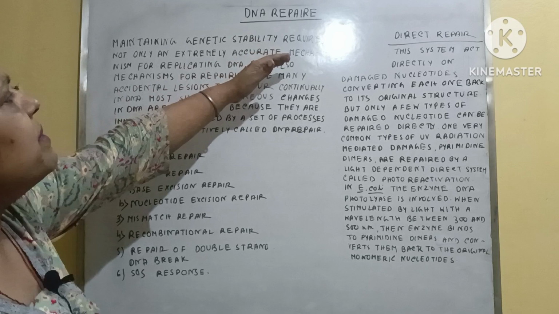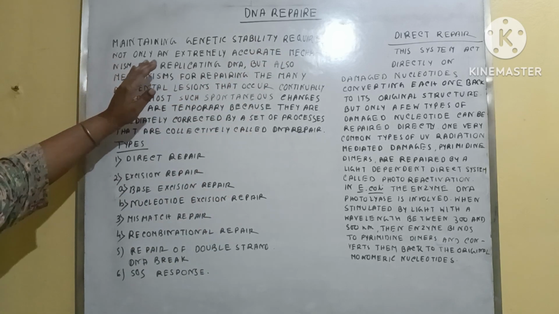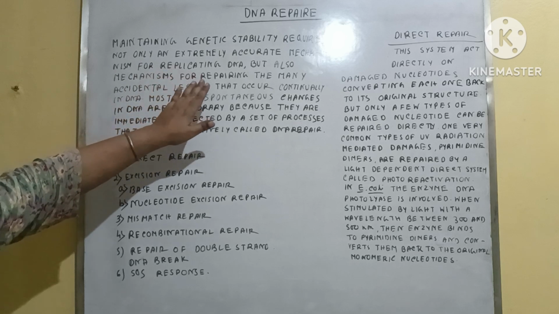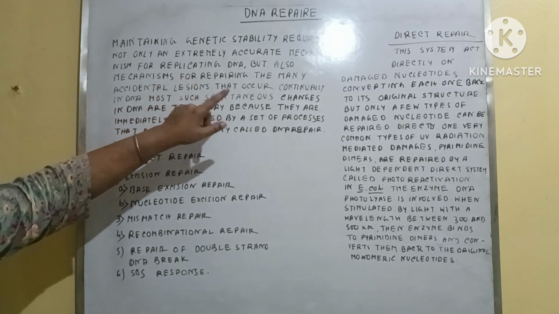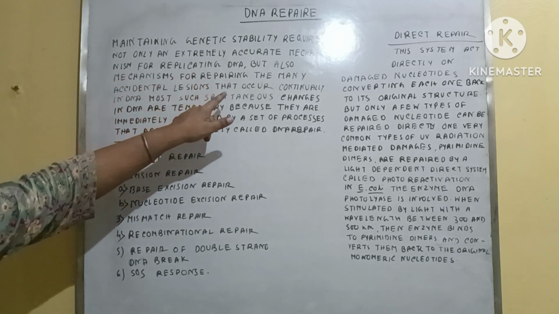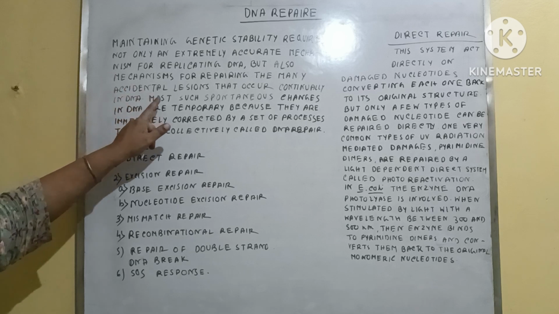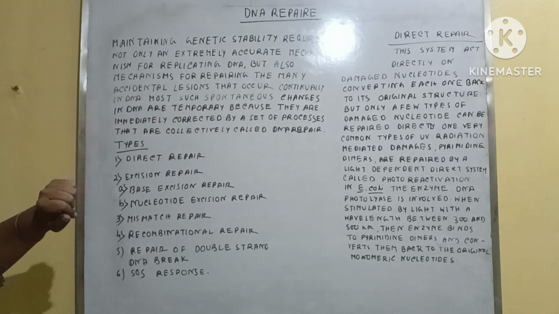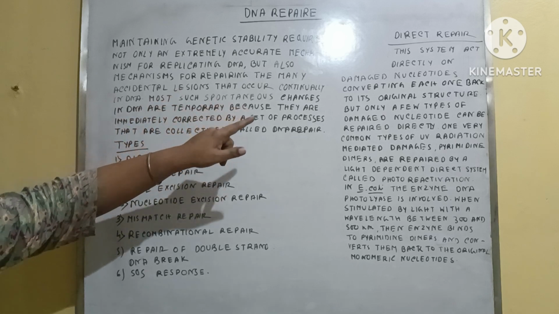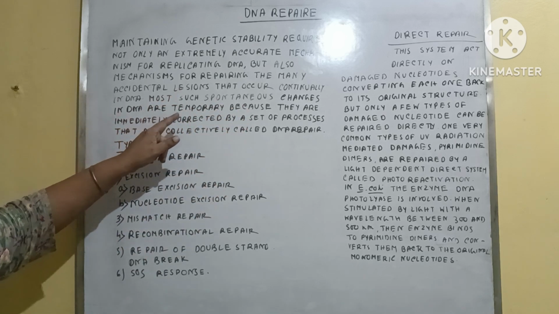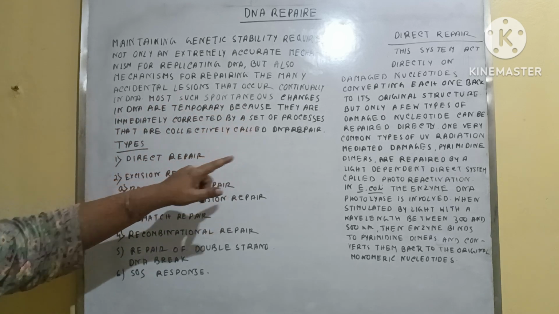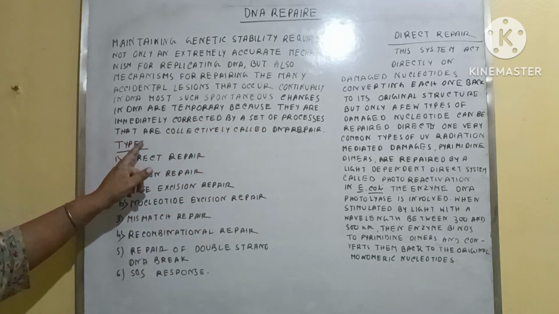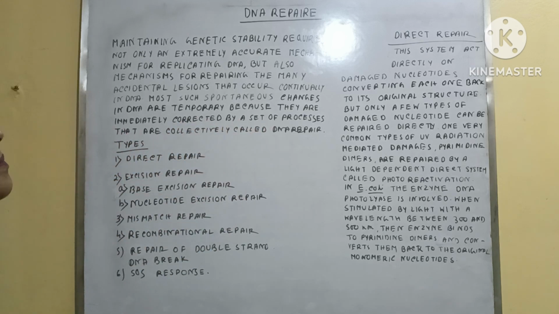Maintaining genetic stability requires not only an extremely accurate mechanism for replicating DNA, but also mechanisms for repairing the many accidental lesions that occur continually in DNA. Most such spontaneous changes in DNA are temporary because they are immediately corrected by a set of processes that are collectively called DNA repair.